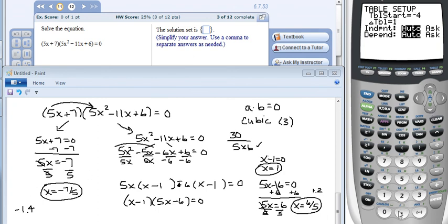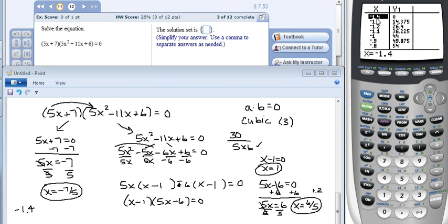Then I want to put in a 0.1, so it's going to go by tenths. And to save some time here, I'm going to tell it to start at negative 1.4, because this is where it starts. Table start at this. Then I'm going to go back into my table, and it's going to jump right to negative 1.4, and there's my 0.